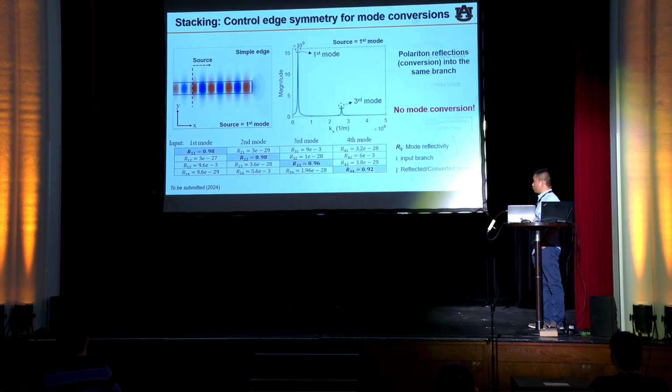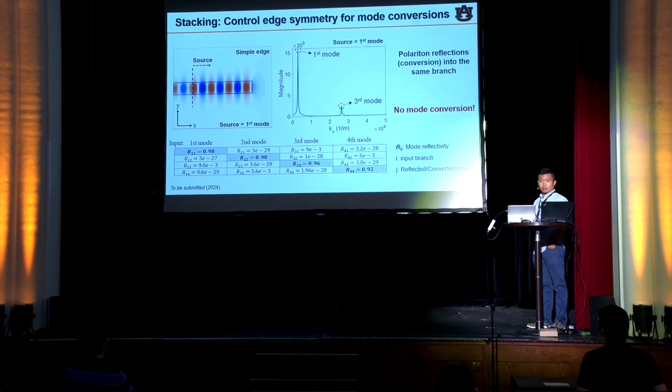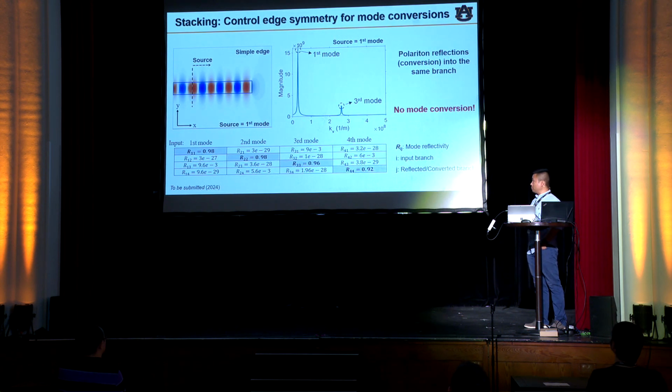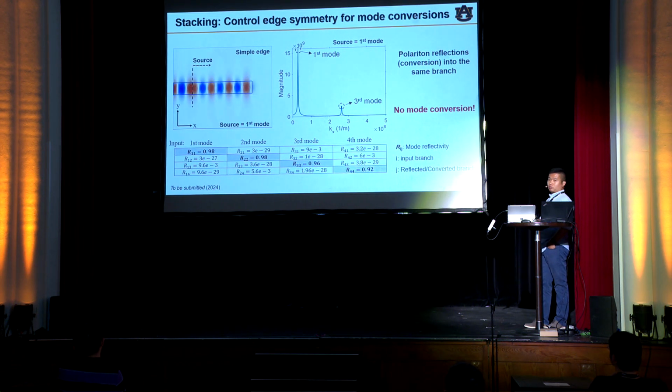And this was confirmed by our simulation: in the simple edge case, your polaritons are always reflected at the input branch. So if you input the first branch, all of the energy gets reflected into the first branch. If you input the second branch, all energy is going to be reflected as the second branch.